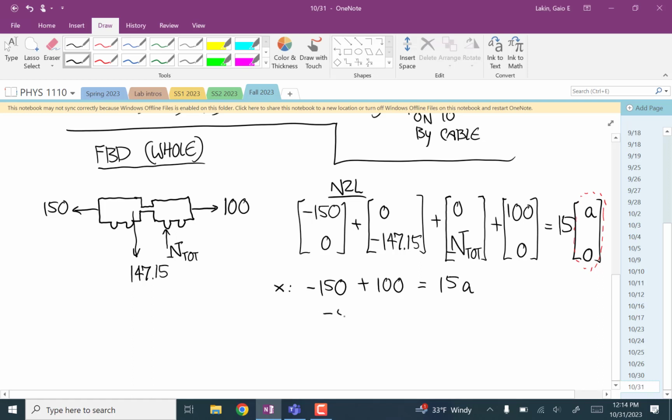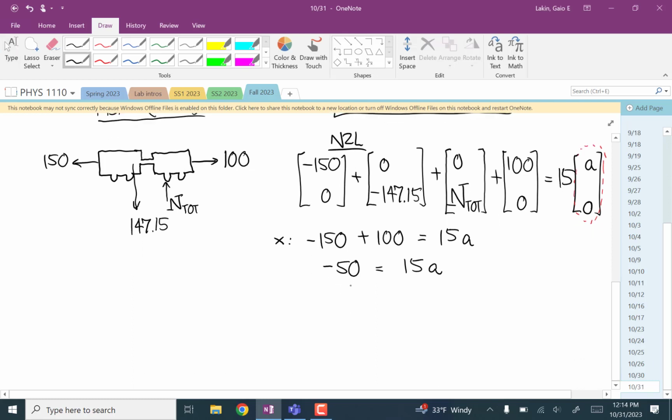And so negative 50 is equal to 15a. And so that says a is equal to negative 3.3 repeating meters per second squared.